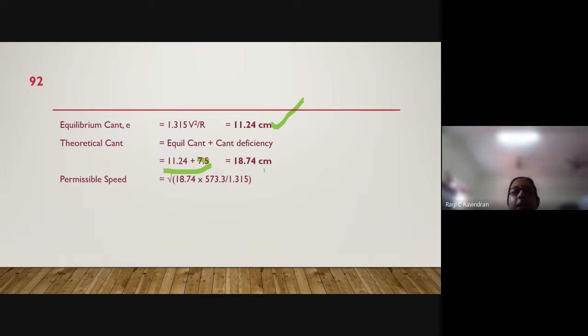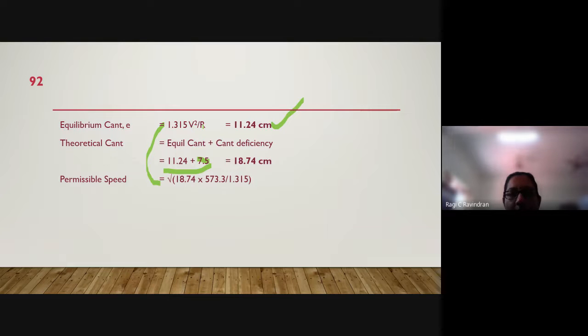Okay, now let's find out the permissible speed for this corresponding theoretical cant. We find this permissible speed from this equation itself. Substitute the E value as 18.74. The speed is unknown.